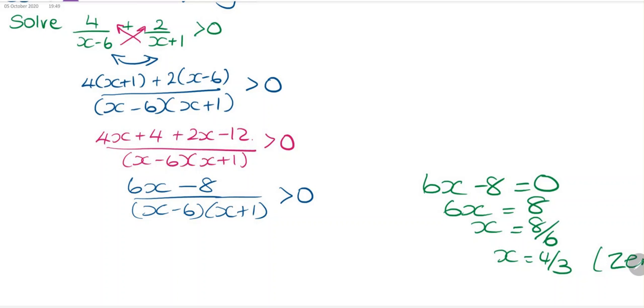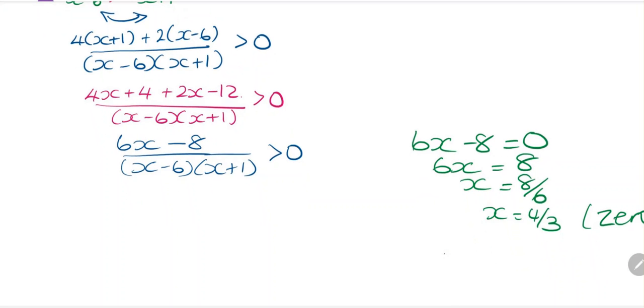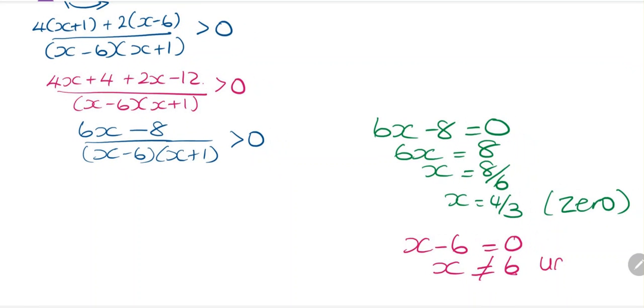Now the denominator, we'll set both of those to zero. So x minus 6 is 0. So we're saying that x cannot equal 6 because this is going to be an undefined value. And this is where we'll have an asymptote.